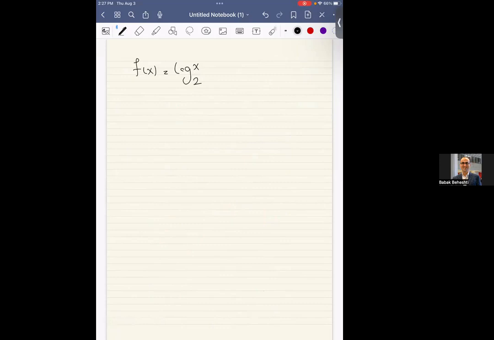So I'm going to draw the graph, and I'll explain why this is the case. So for logarithm of x, the graph looks like this. The domain is just positive numbers.